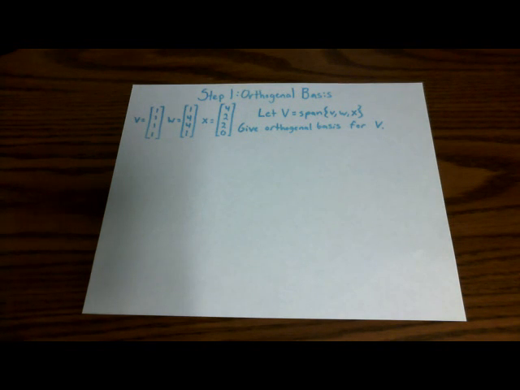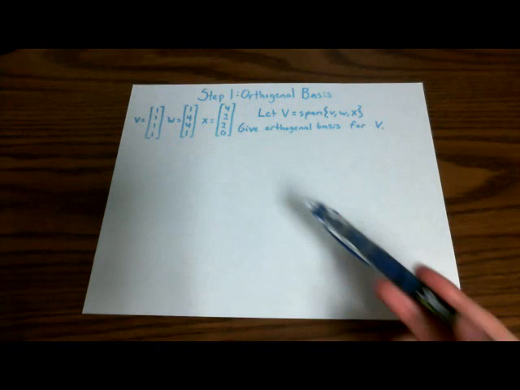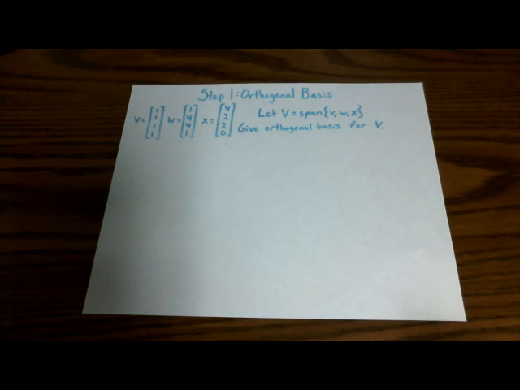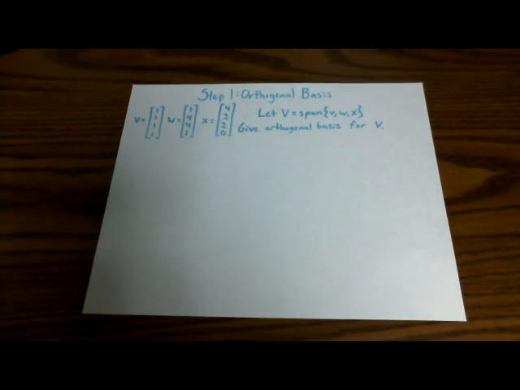So in the first step, finding the orthogonal basis, as I said, you would be given perhaps let V equal the span of however many vectors you are given, which is also the same thing as letting V equal the image of A if A were perhaps these vectors put into a matrix.